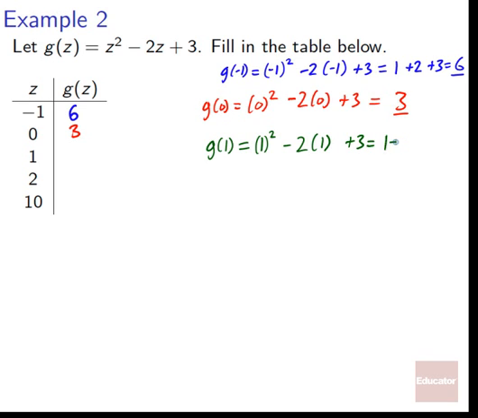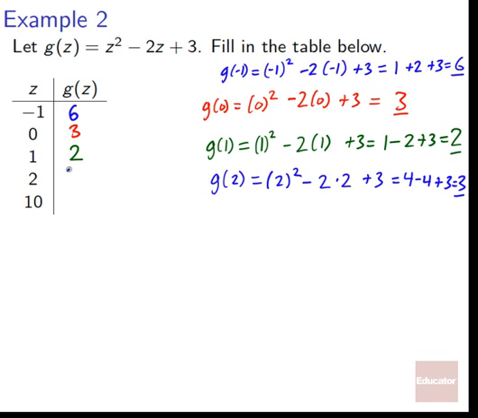So 1 minus 2 plus 3 comes out to 2. We plug in g of 2. We get 2 squared minus 2 times 2 plus 3 equals 4 minus 4 plus 3, which is 3. We plug in 10.